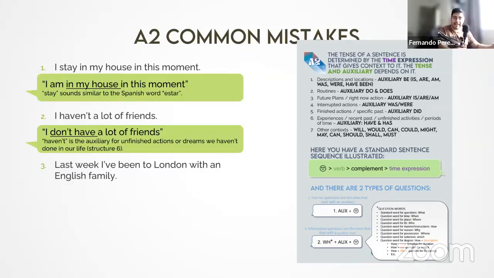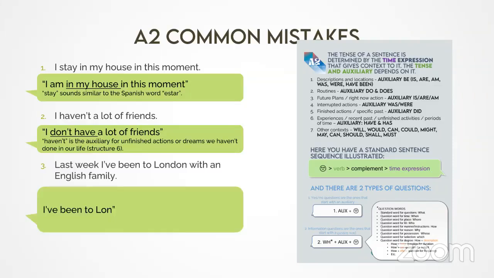You can eliminate last week and only say, I've been to London. It's correct, teacher? Yes. I'm going to tell you why in a moment. I've been to London with an English family.